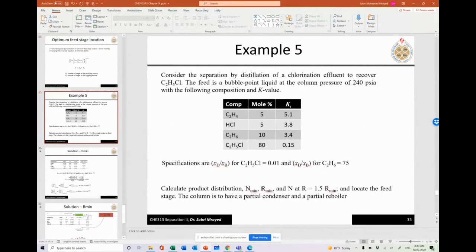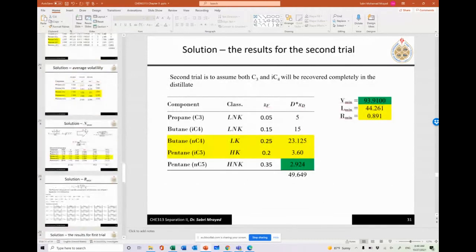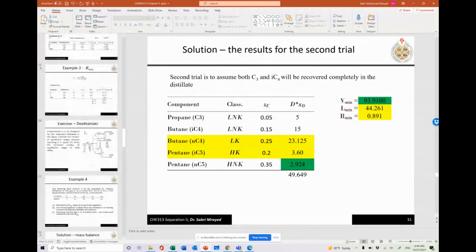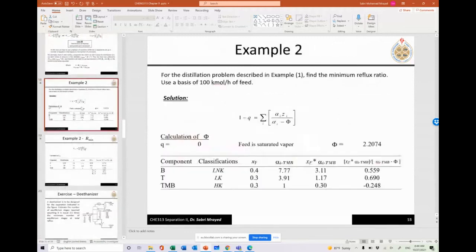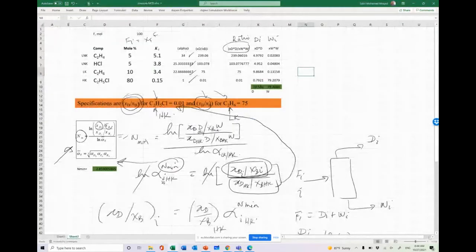In order to get R minimum, I have to use the first Underwood equation and second Underwood equation. Now I have to determine phi or psi. So I have to go back to this one and get this equation here. So Control C, and just type it here.